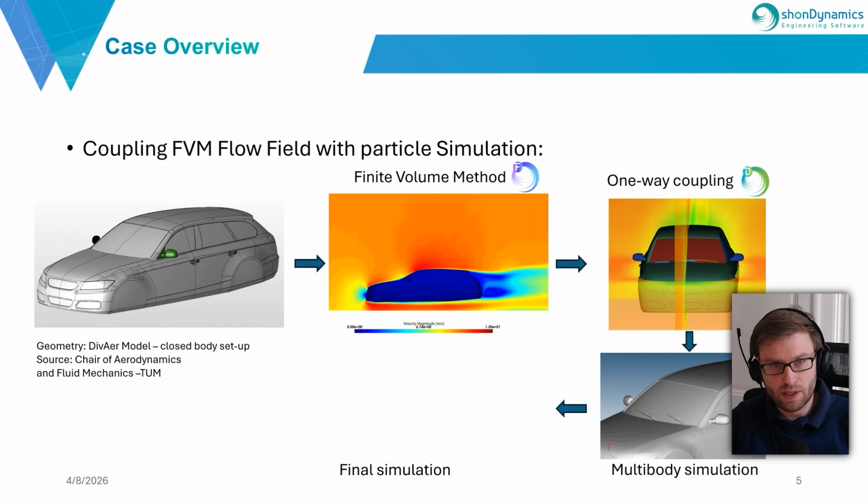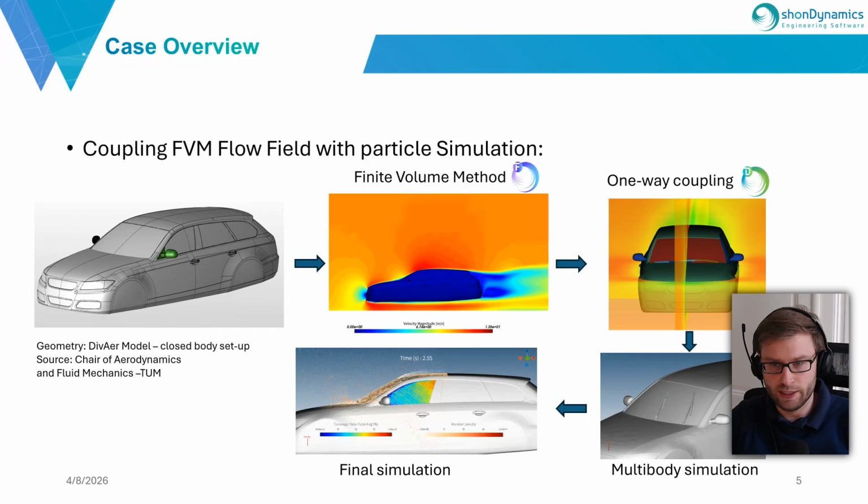The first step of our deep dive is the finite volume method simulation, where we simulate the flow field around the car. Then we first export and then import the flow field to shonDye. There will be a one-way coupling to the fluid. This means the airflow won't be disturbed by the fluid, but the fluid will be disturbed by the airflow around the car.